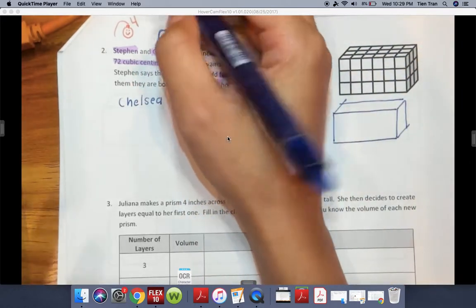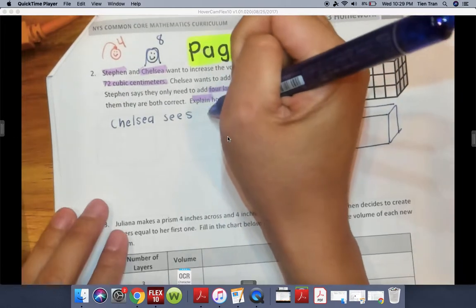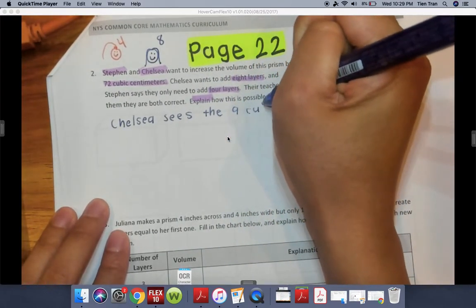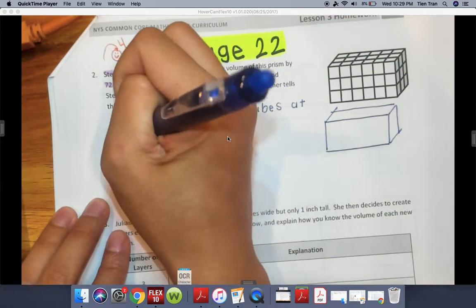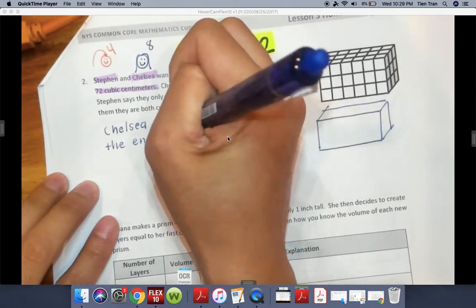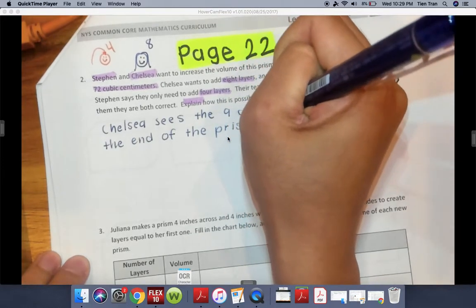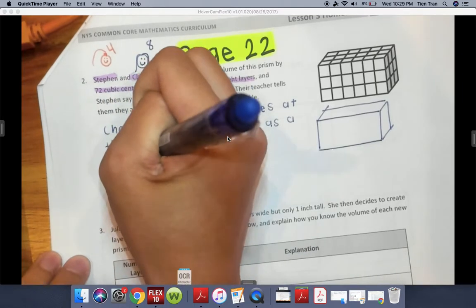So Chelsea sees the 9 cubes at the end of the prism as a layer.